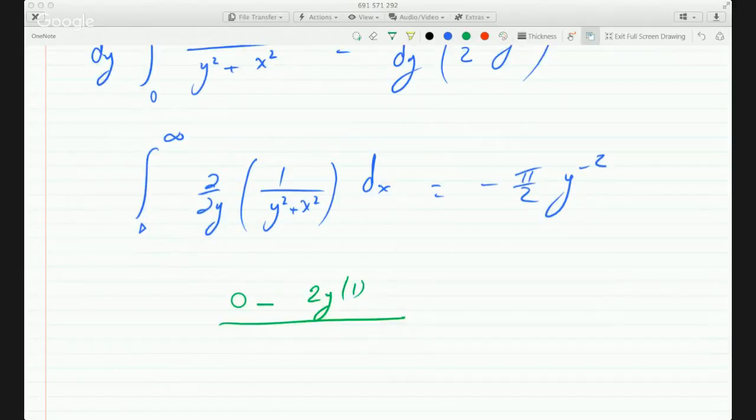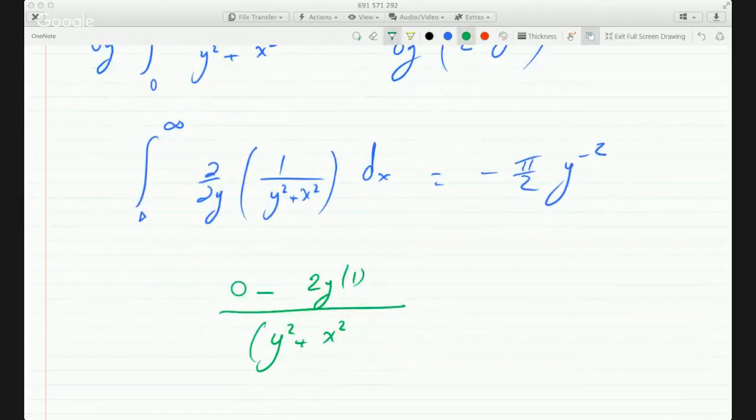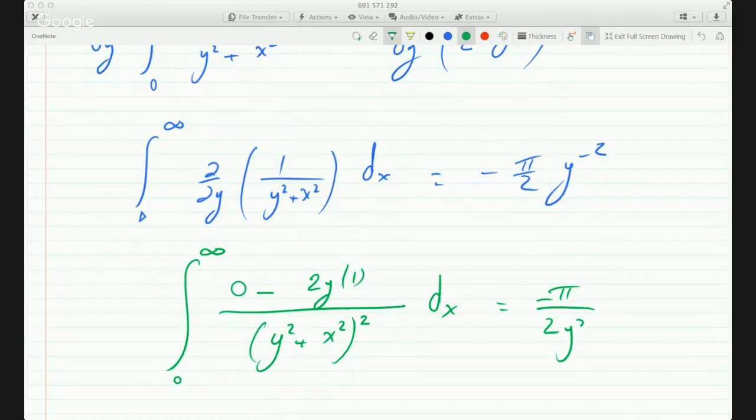The bottom squared is just y squared plus x squared, squared, dx. And of course, I have an integral here from 0 to infinity. And this is equal to minus pi over 2y squared.